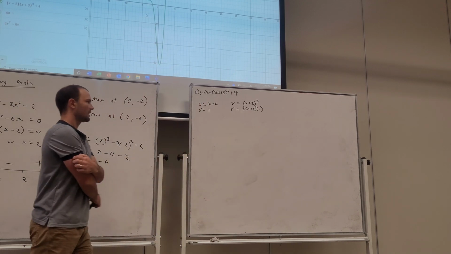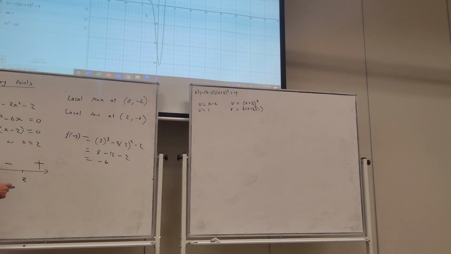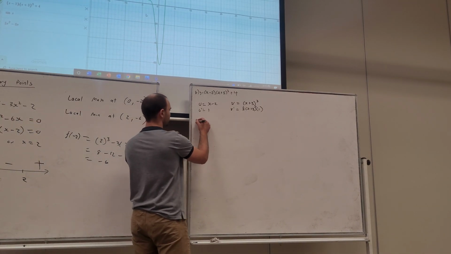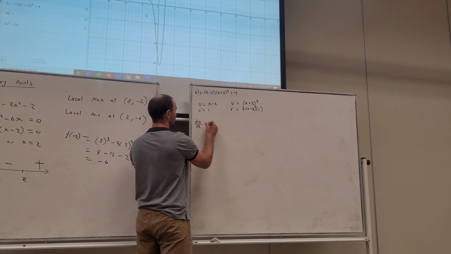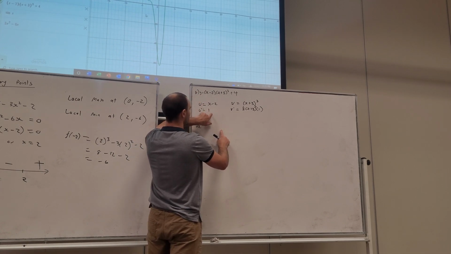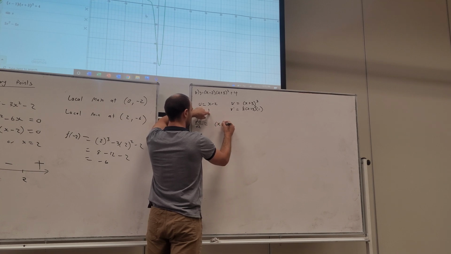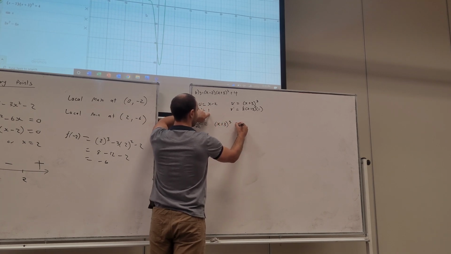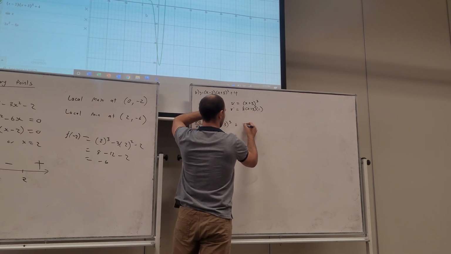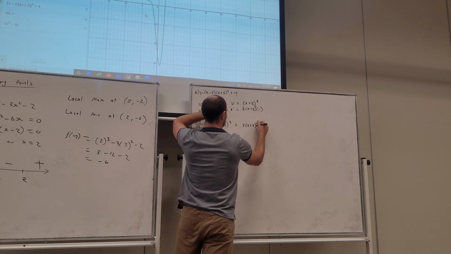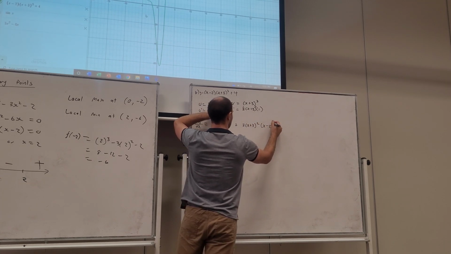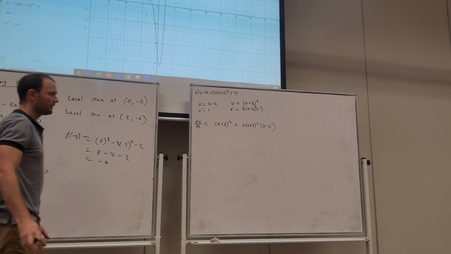Okay, we'll crank all that together to get the derivative. U dash v plus u v dash. Okay, there's our derivative function.